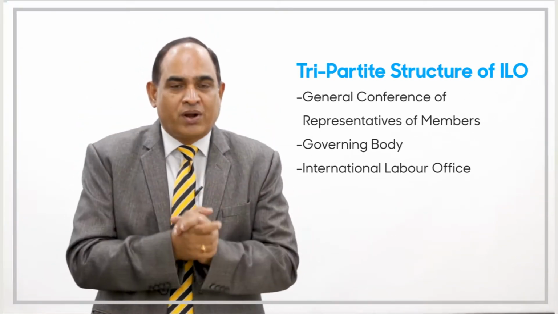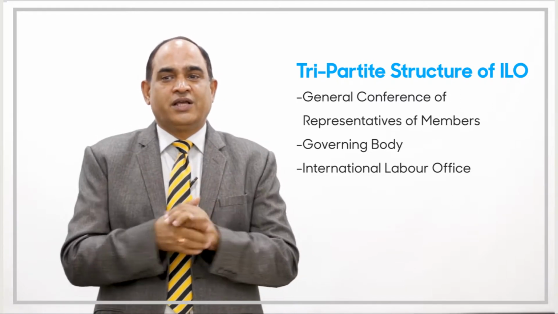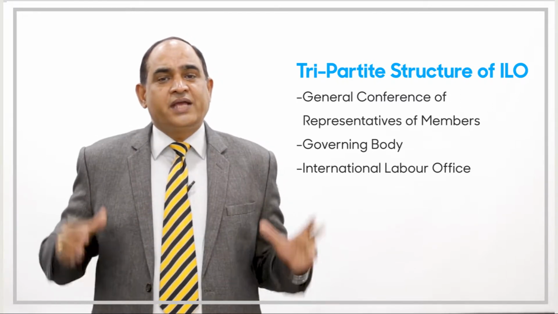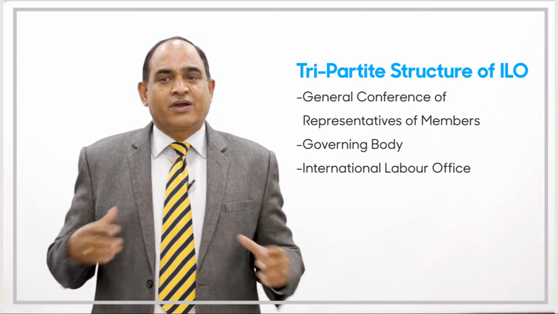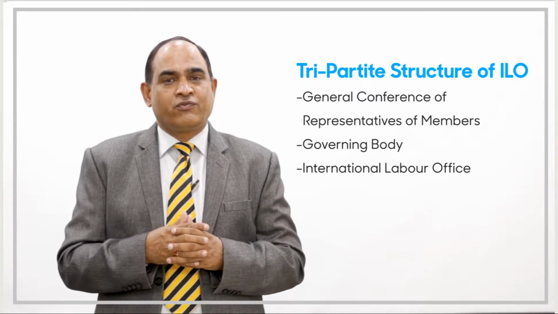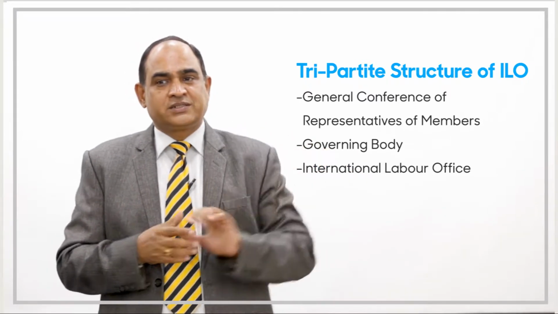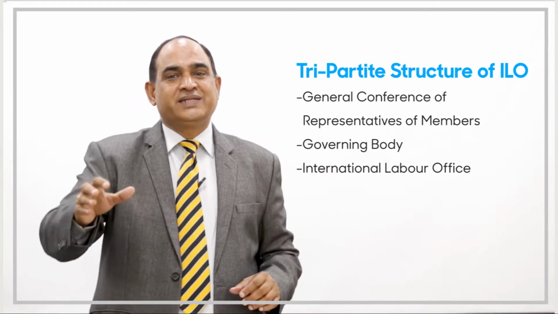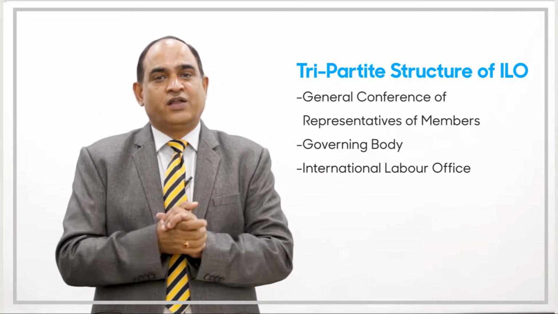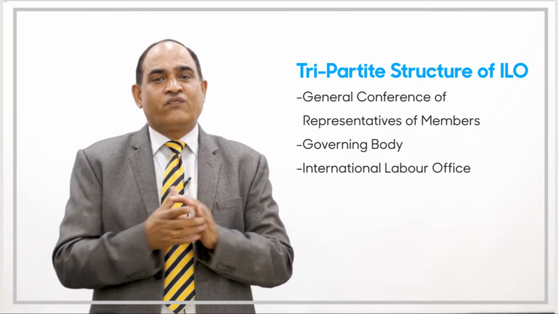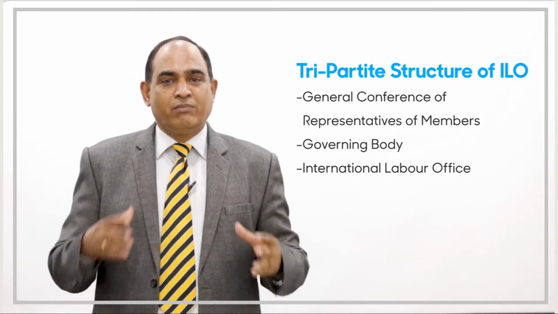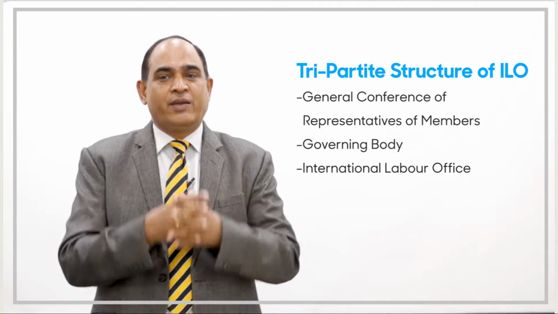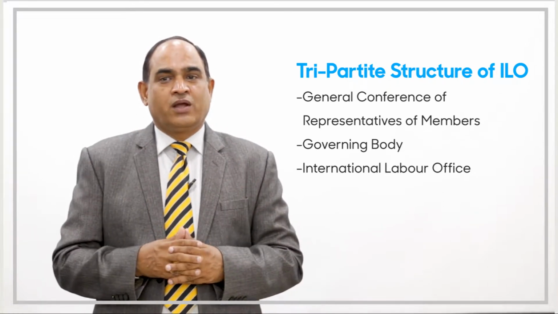And ILO has a unique tripartite structure in the sense that its executive bodies comprise members of governments, employers, and also representatives of workers. In fact, there are 185 states which are members of the International Labour Organization.